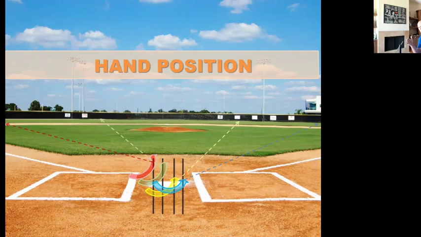You have the outside pitch. The black bars, these right here, are the direction or path of the ball. These right here are point of contact on the away pitch, point of contact on the middle away pitch, point of contact on the middle in, and point of contact on the inside pitch.